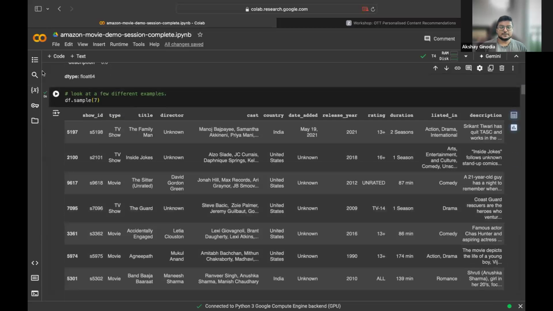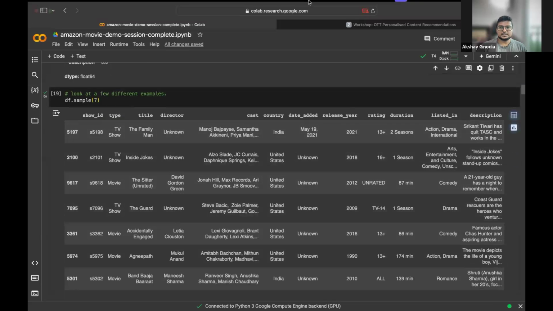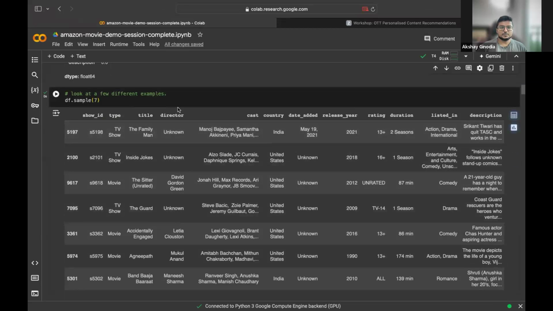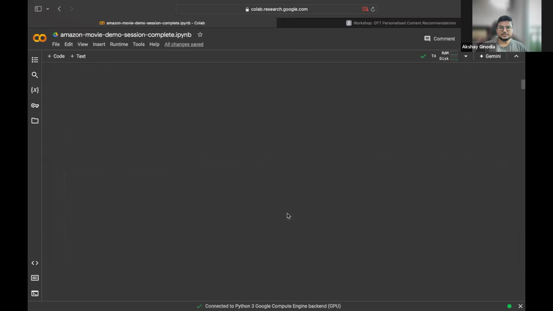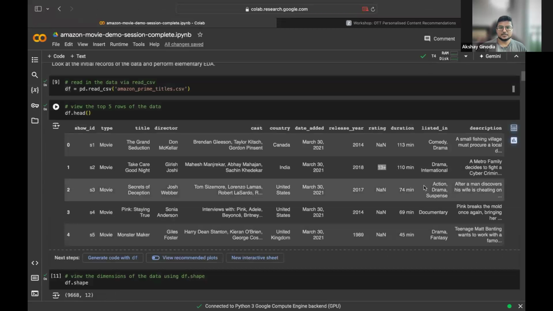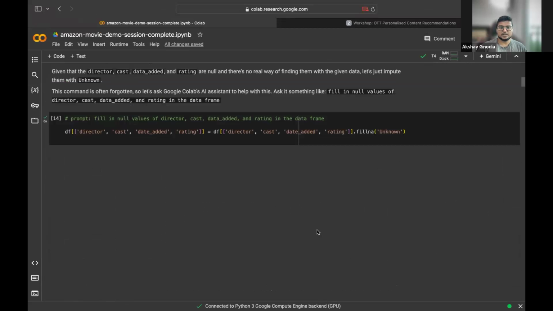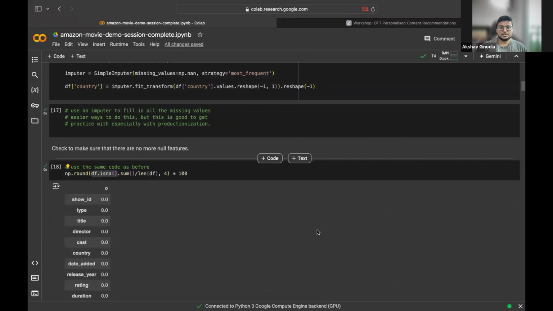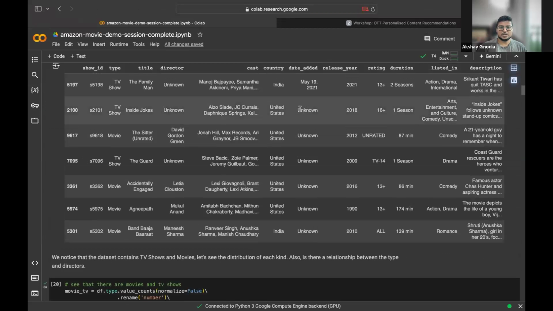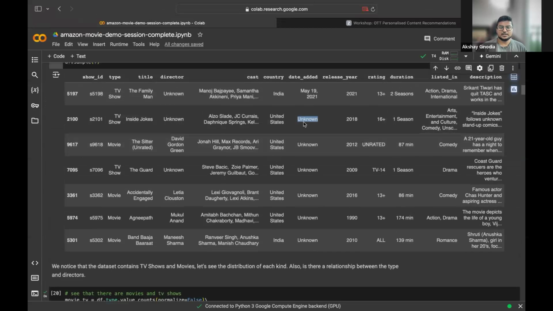Now, once I've done the replacement, let's move on to the next step, which is to look at the data frame. Previously you were seeing these NaN values, which are the null values, and as we discussed, a machine learning model can't handle those. Now they are replaced with something called unknown for the date added column.